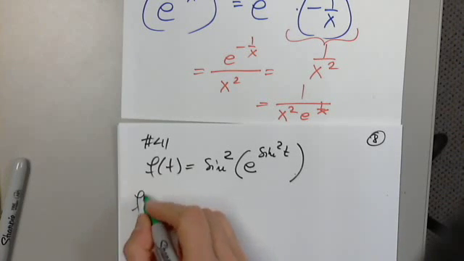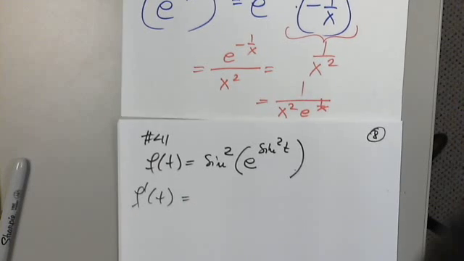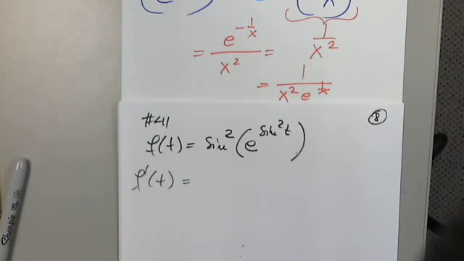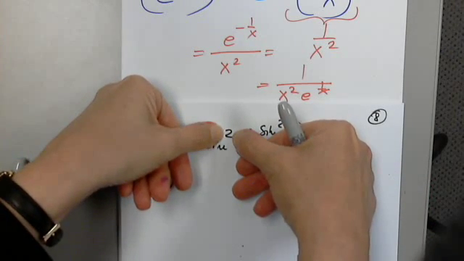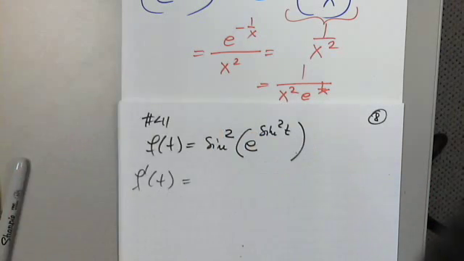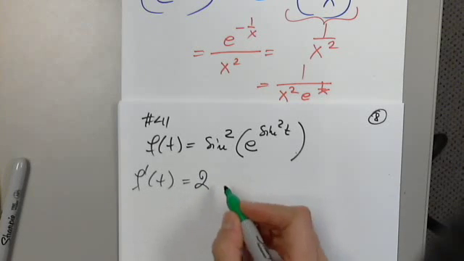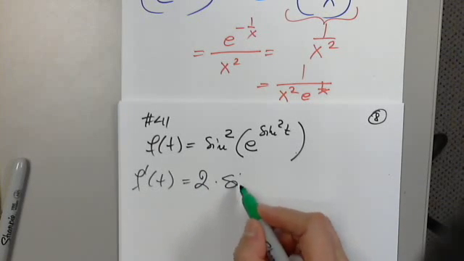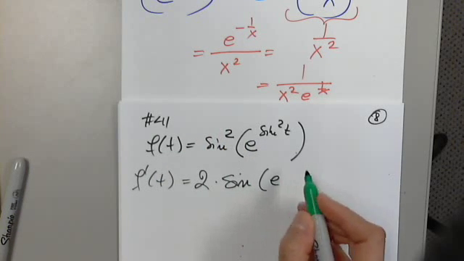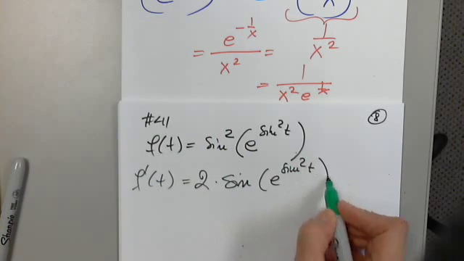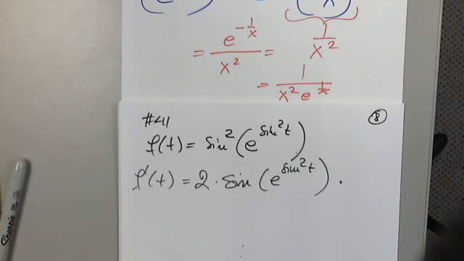So f prime. Where do I start? The outermost function. Exactly, power 2. This is the outermost function. What do I get? Times, I have to subtract 1 from the power. So sine of e to sine squared t times.